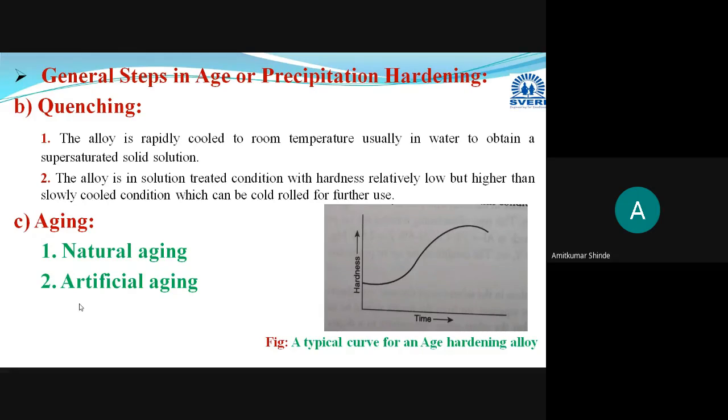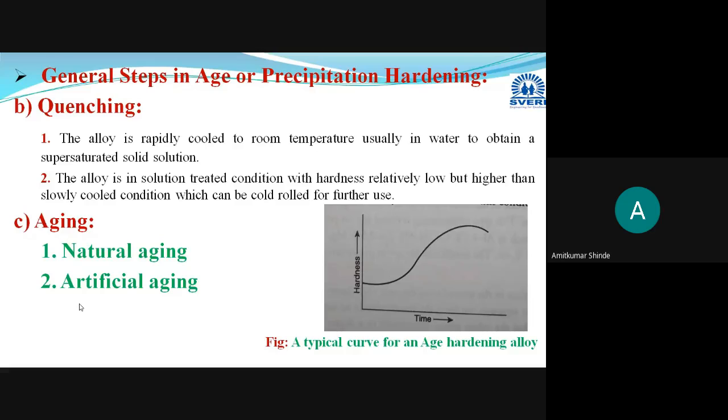After performing heating and quenching, we provide some time so that hardness will get increased. That will be the artificial aging. Okay, so these are the three different steps which are involved in precipitation hardening or age hardening.